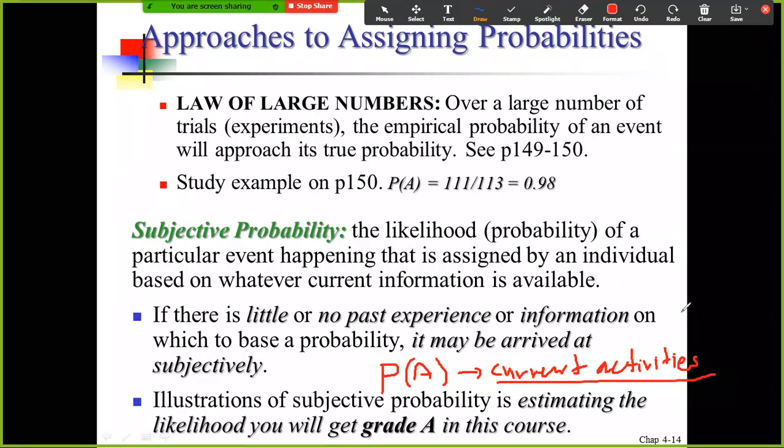For example, homework: do you submit all homework? Assignments: did you complete all assignments? Exams: did you complete all exams? The other one, class attendance.